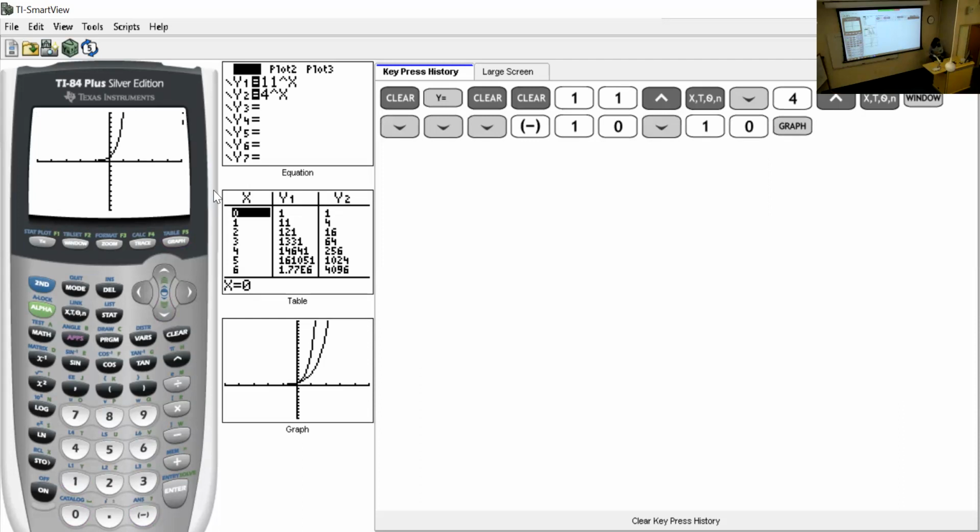One curve, another curve. One is growing faster than the other. So that would be 11 raised x, the other one 4 raised x. Is there something over there? No. So what is the range?